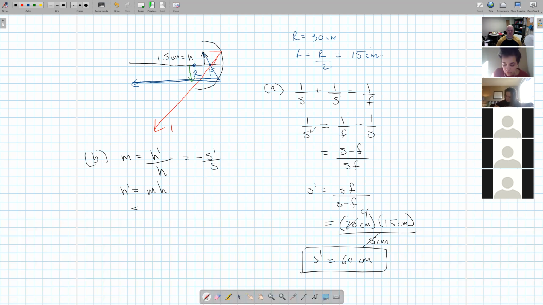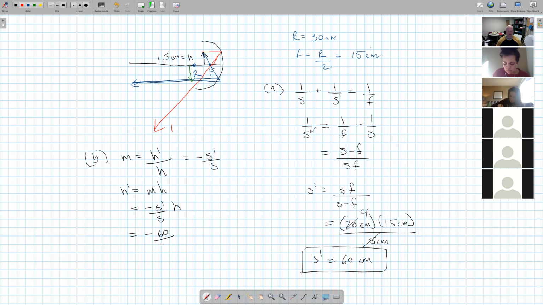So if I use this definition, this becomes minus the image distance divided by the object distance times the object height. This is then the size of my diamond ring. So it's going to be equal to negative 60 divided by, sorry, that should be 20.